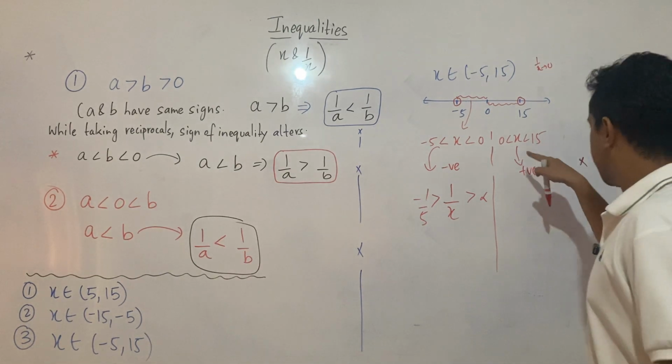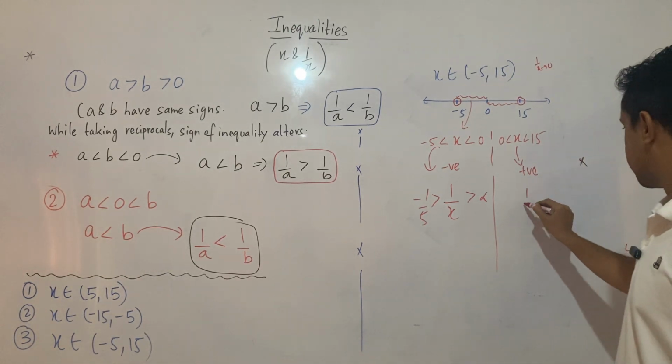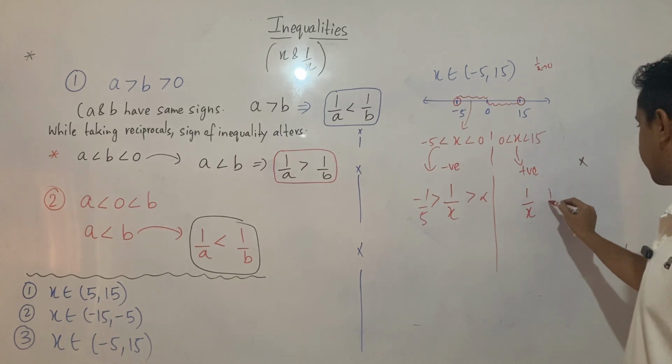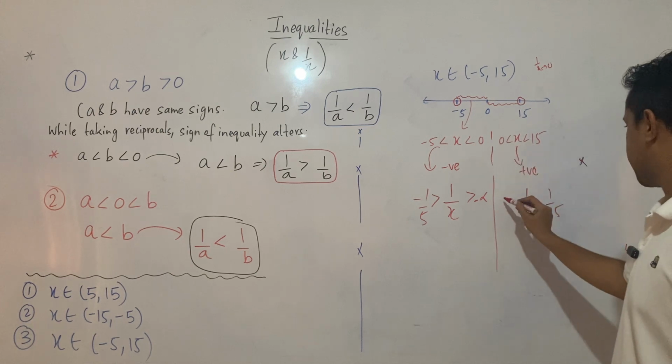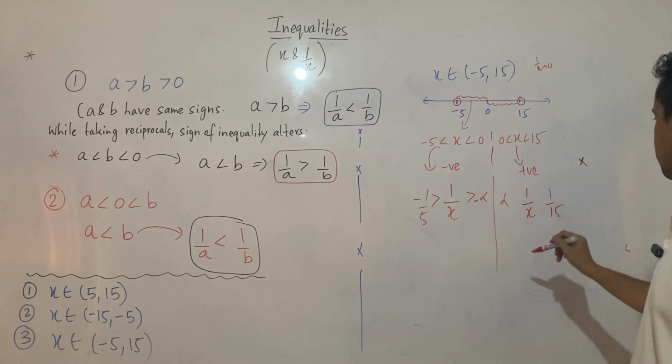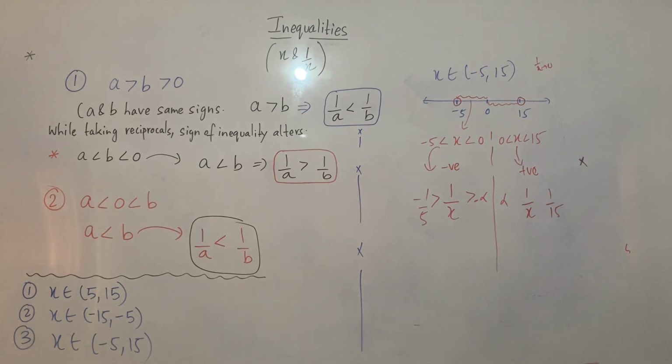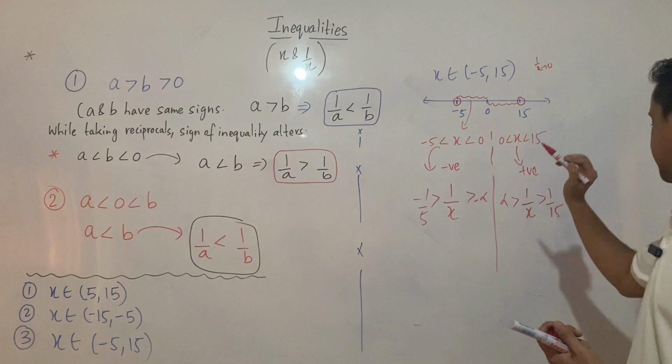And here, if you do the reciprocal, here 1 over x, here 1 over 15, here this is minus infinity, and here you will get again infinity. So the sign has to change, right? So it's going to be this.